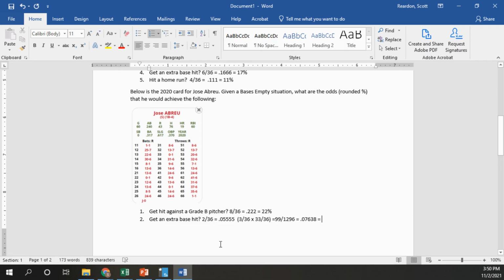The first one was with the home runs, 2 out of 36. So now I've got 0.0555 repeating plus my 0.076 so on down there. I've got 0.1319444. Round that to the nearest percent, you can probably see he has a 13% chance, or approximately like 1 out of 8 plate appearances of getting an extra base hit.